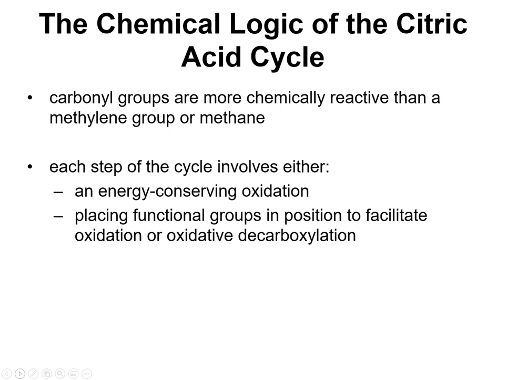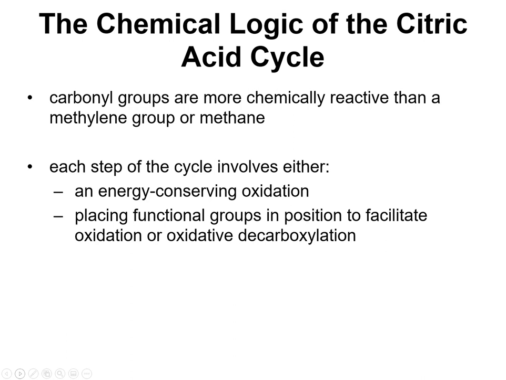The other thing about the citric acid cycle is that carbonyl groups are more chemically reactive than methylene or methane groups. So if you think about the structure of acetyl-CoA, we've got a carbonyl group that's added, and we can add the methyl group onto the oxaloacetate and make it a methylene group to make it more reactive.